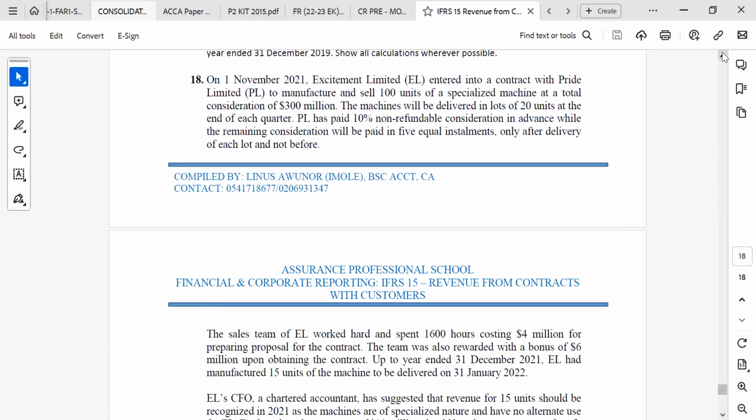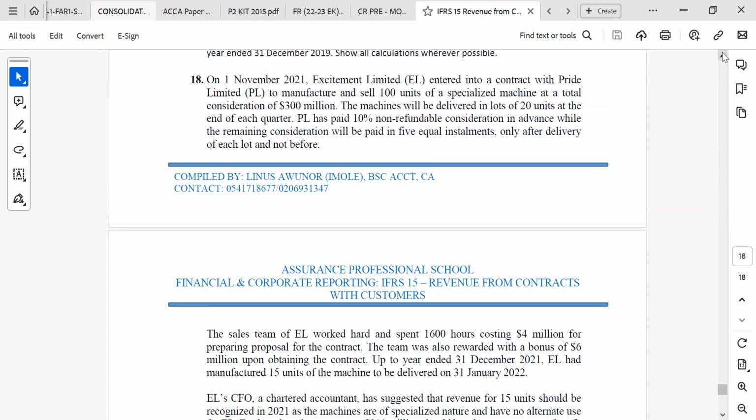All right. So what is happening here? They have entered into a contract to manufacture and sell 100 units of a specialized machine at a total consideration of 300 million. So you can see that this is a construction contract, isn't it?